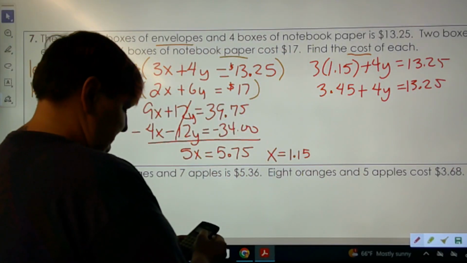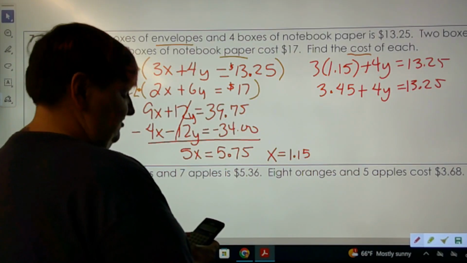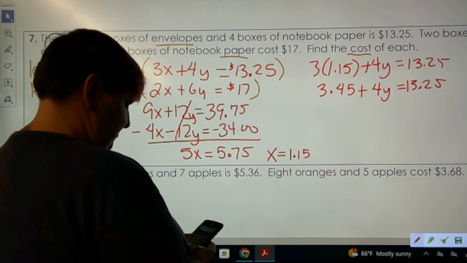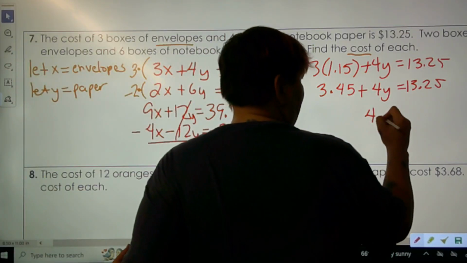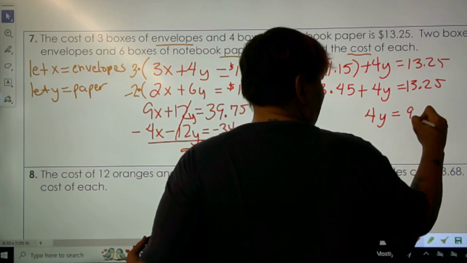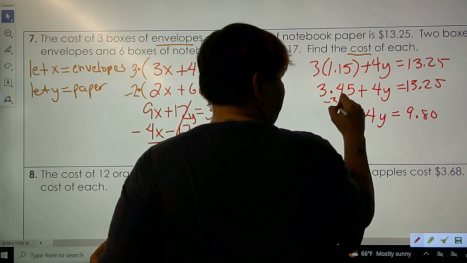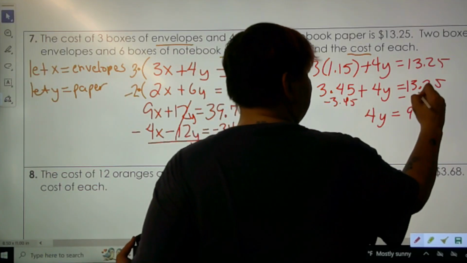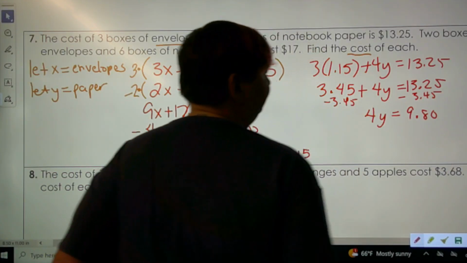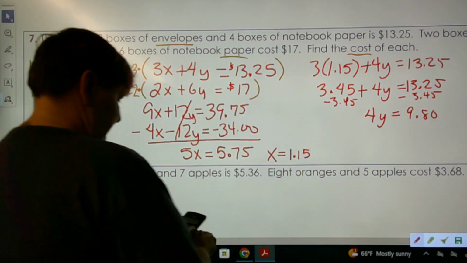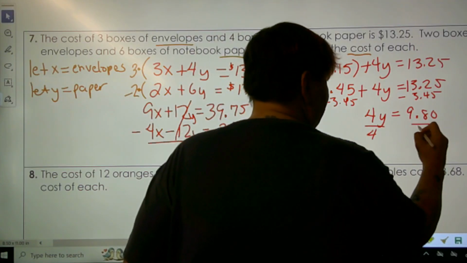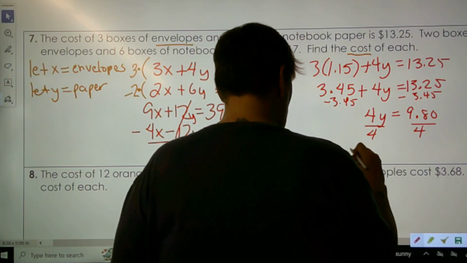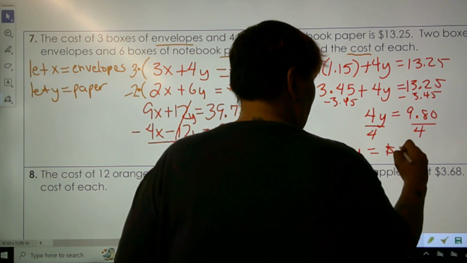Subtract, see, 13.25 minus 3.45 is 9.80. So 4y equals 9.80, right? I subtracted 3.45 from both sides. Now I'm going to divide both sides by 4, and that gets a good answer, right? So y equals $2.45.